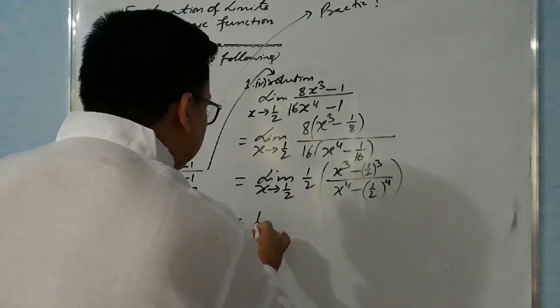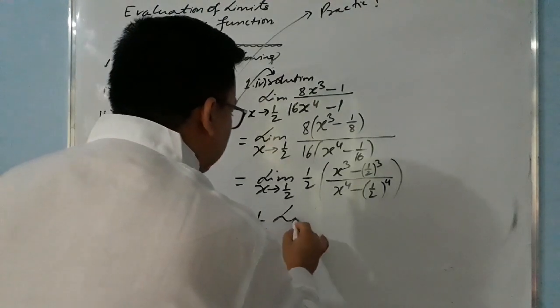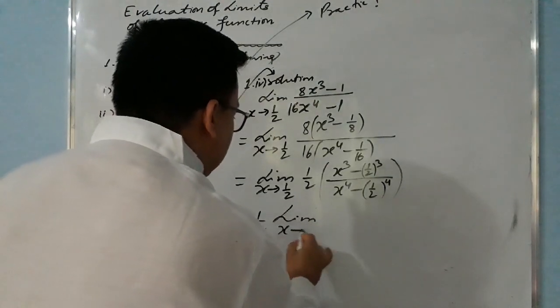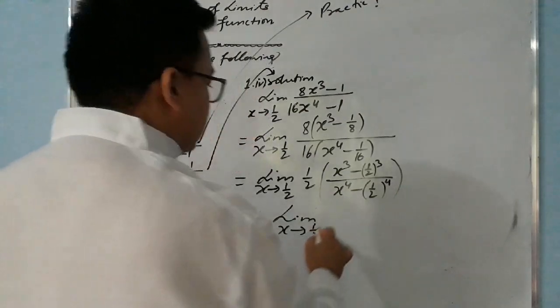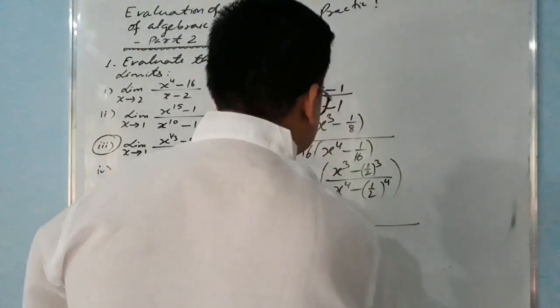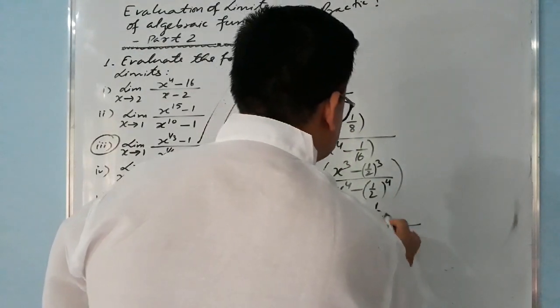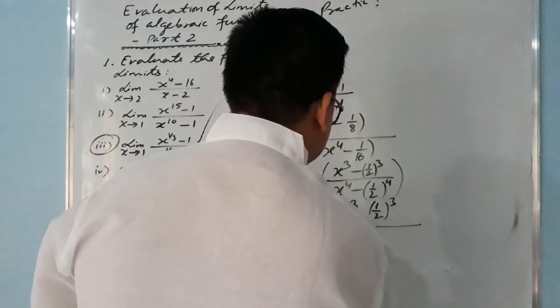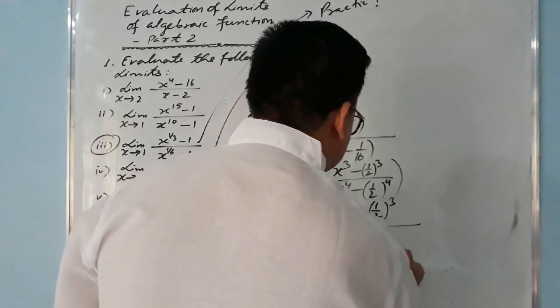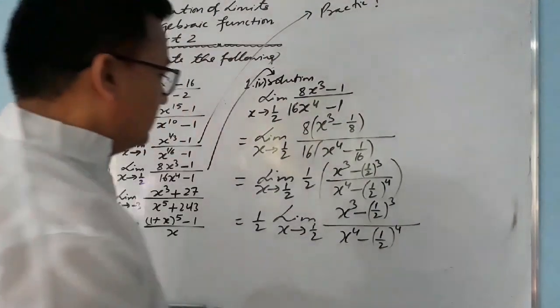Here we can write 1 upon 2 outside, as I told you already in some standard results on limits, and x cubed minus (1 upon 2) whole cubed. Here x raised to 4 minus (1 by 2) raised to power 4.